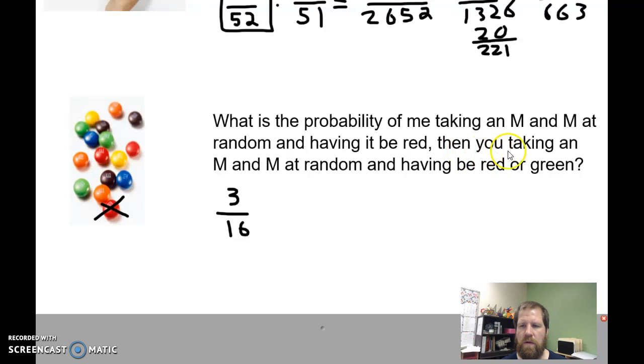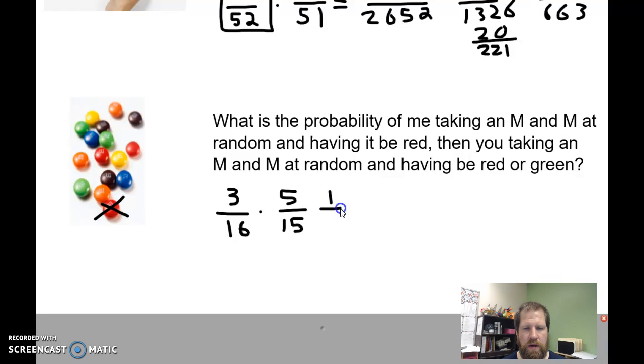Then we're looking for you taking an M&M at random and having it be red or green. Now we've got 1, 2, 3, 4, 5 red or green M&Ms left, and I know I've got 1 less M&M, so 5 out of 15.